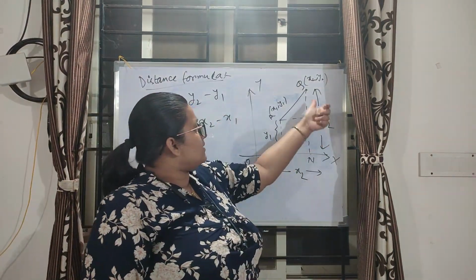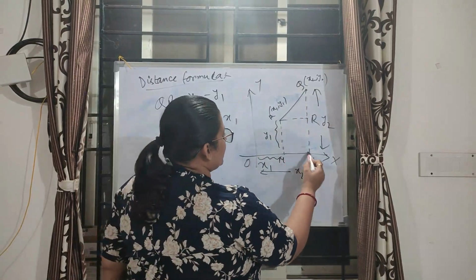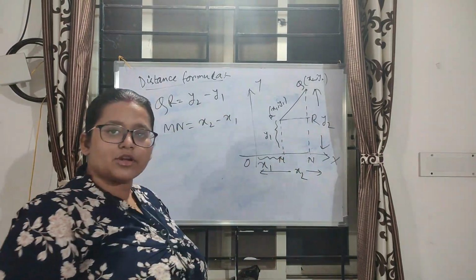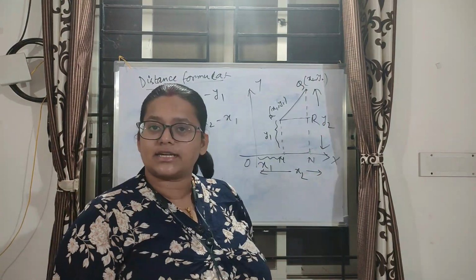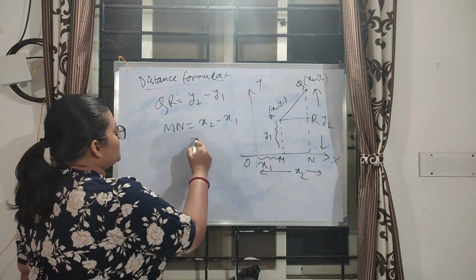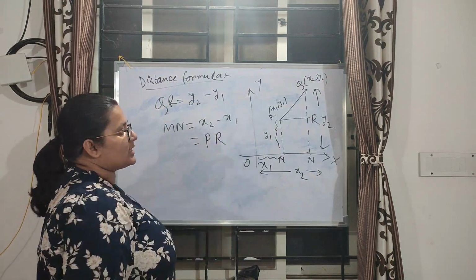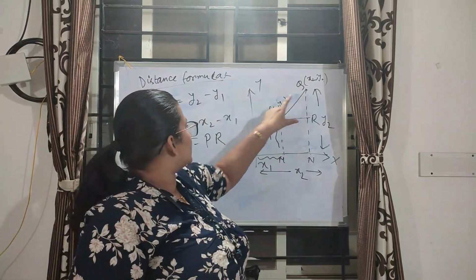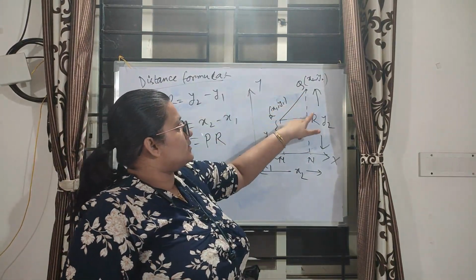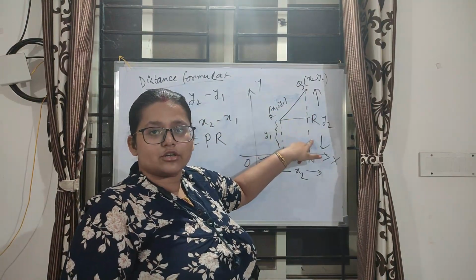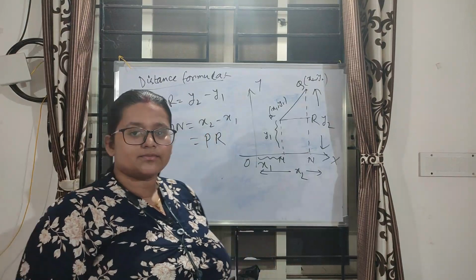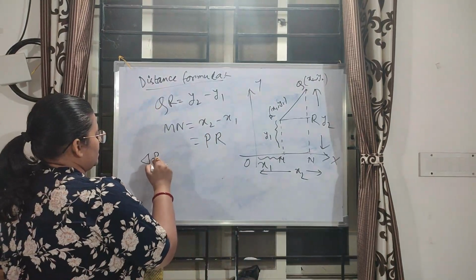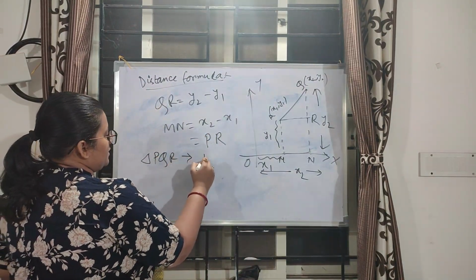See, basically MN and PR are equal because it is forming a rectangle. MN and PR are parallel, so they are equal. That means the PR value is also x2 minus x1, and we have found the QR value. We have drawn the perpendicular, so PQR is forming a right angle triangle.